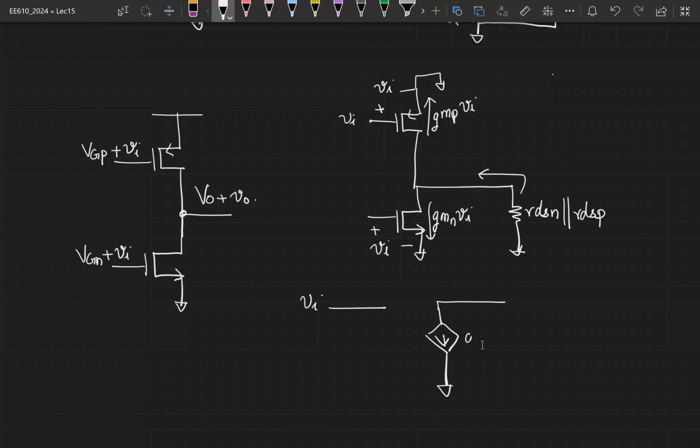So you have GMN times Vi and GMP times Vi getting pulled out of the drain node into the corresponding grounds, right? Or in other words, I can simply combine both these current sources and say that it is GMN plus GMP times Vi getting pulled out of RDSN parallel RDSP.